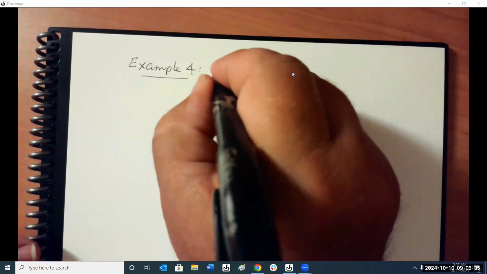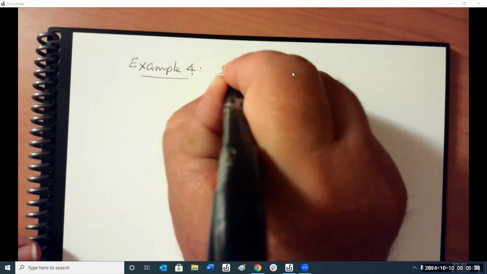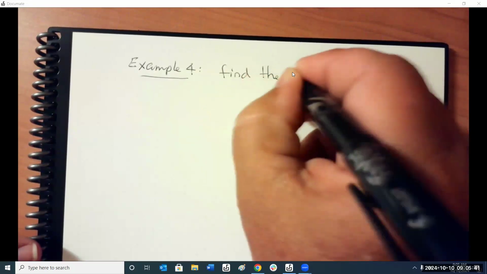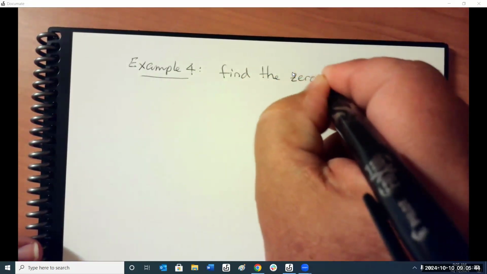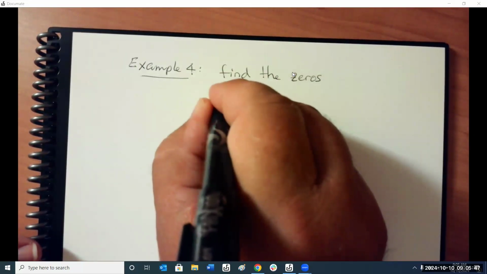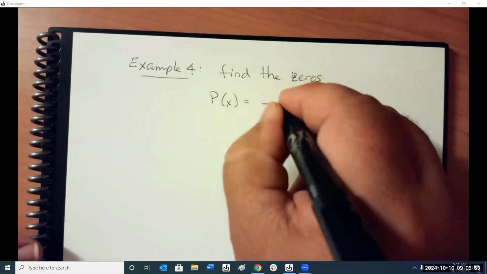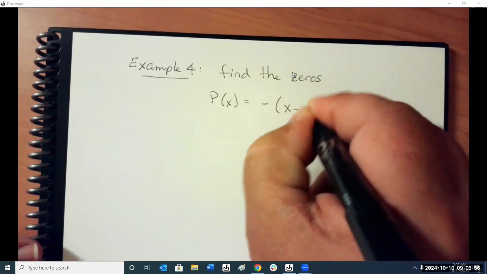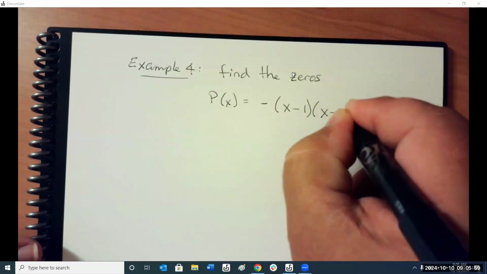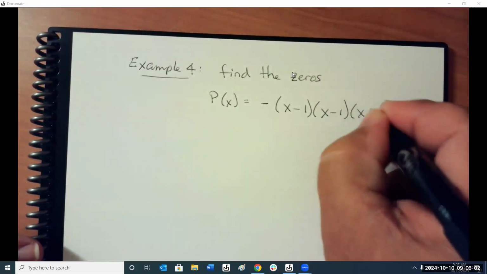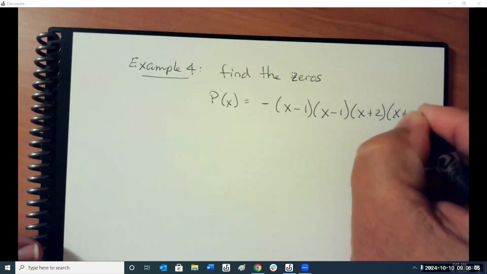All right, example 4. Find the zeros. We have negative (x minus 1)(x minus 1)(x plus 2)(x plus 2).